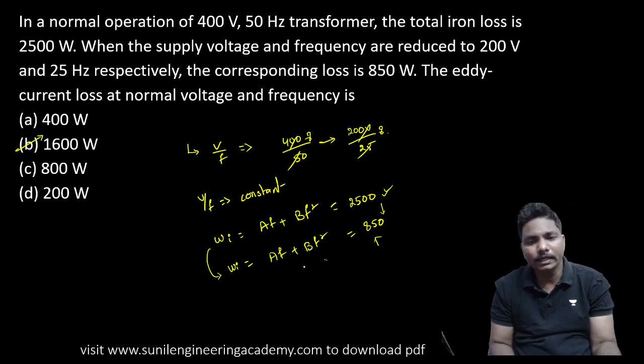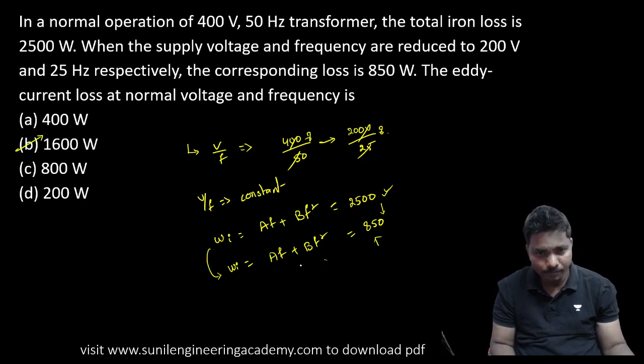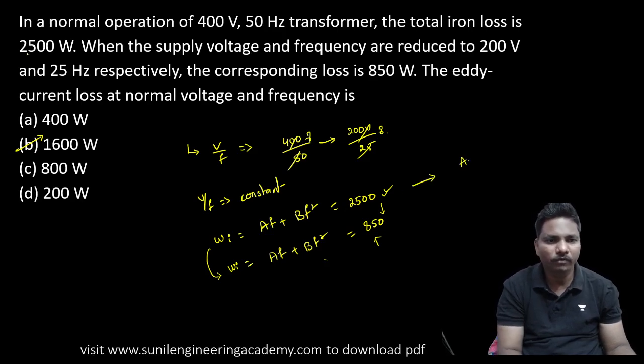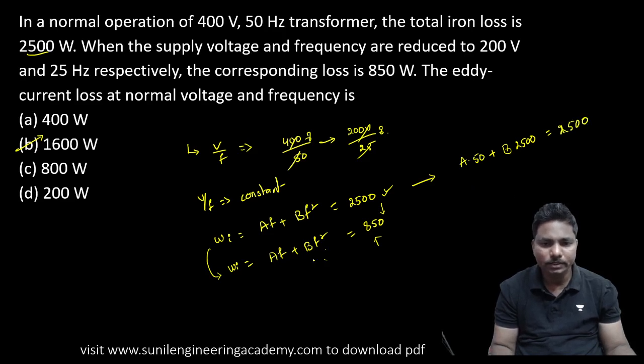If you are not getting this by simple understanding, then you need to calculate using the conventional method. What is the frequency at 2500? 50 Hz. A into 50 plus B into 50 square is equal to 2500. In the second case, what is the frequency? 25. So A into 25 plus B into 25 square, that is 625B, is equal to 850.